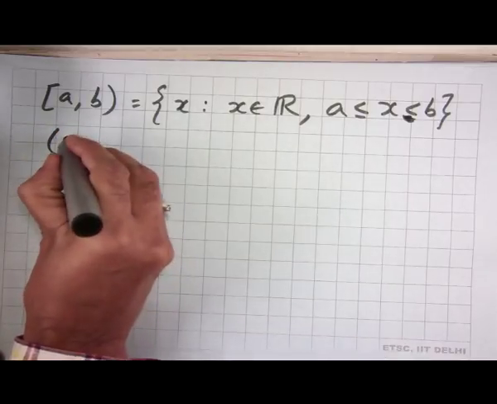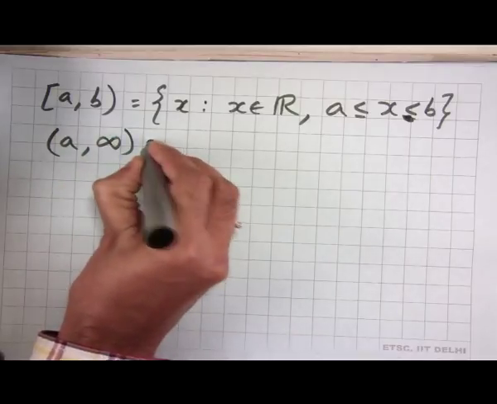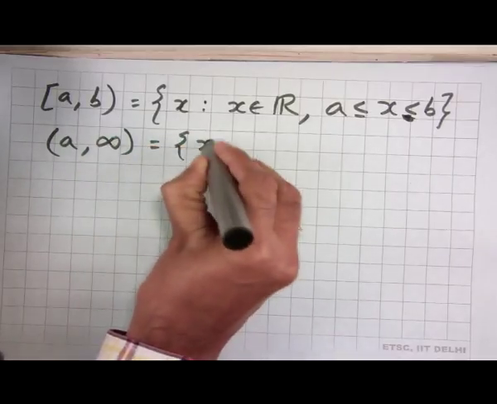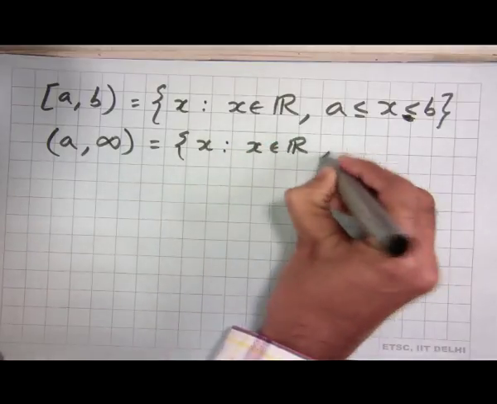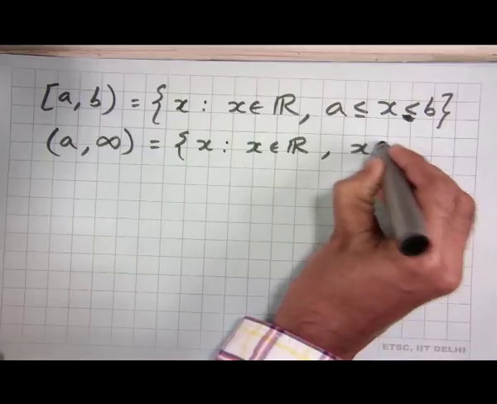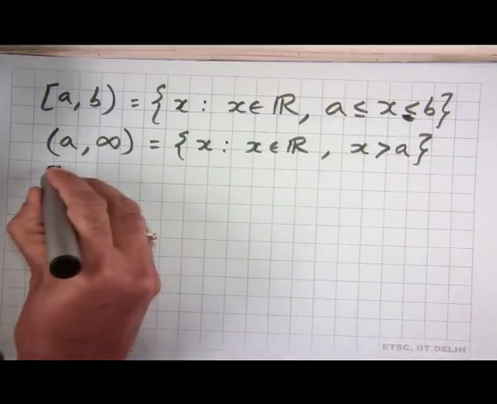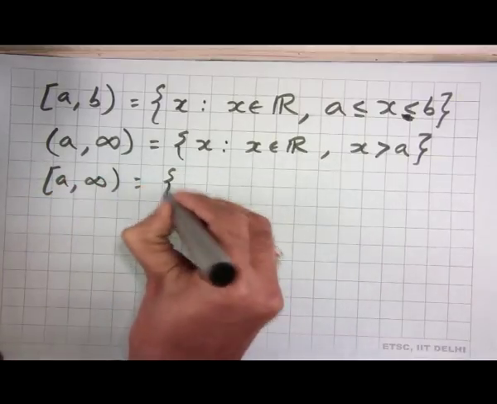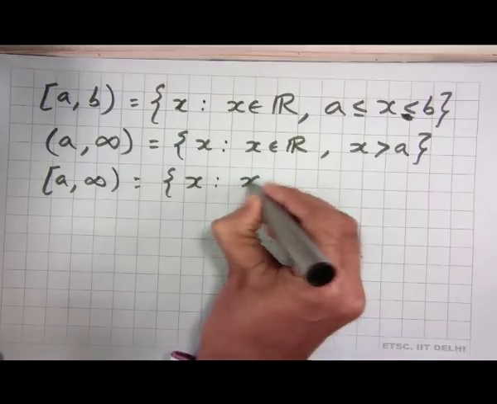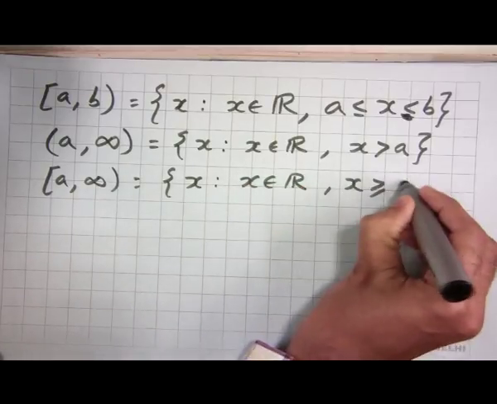If I write (a, infinity), this will mean all x such that x is a real number and x is bigger than a. [a, infinity) will mean all x such that x is a real number and x is bigger than or equal to a.